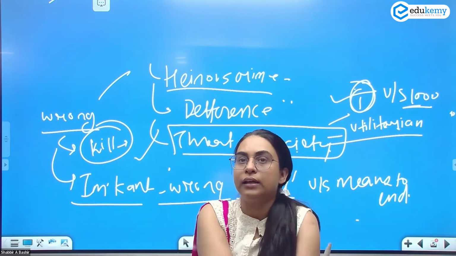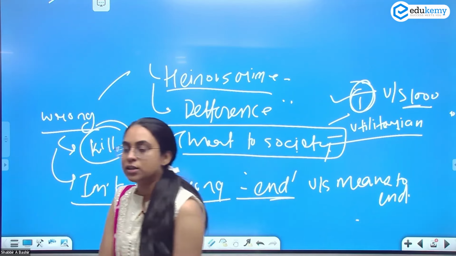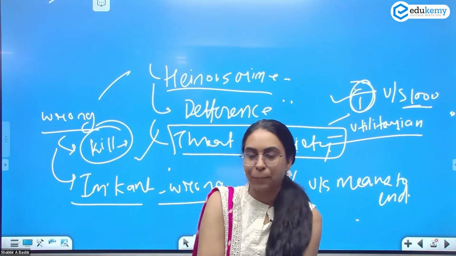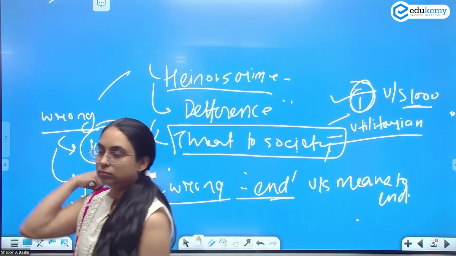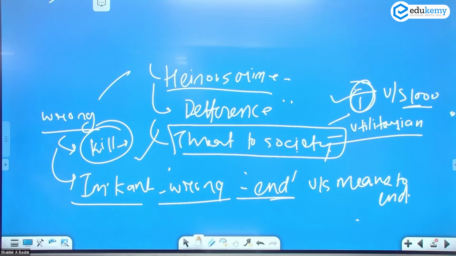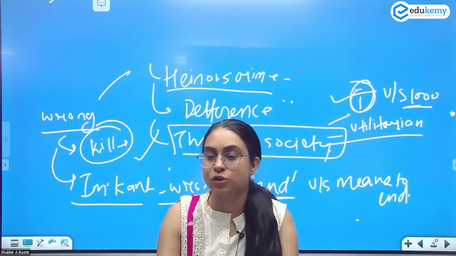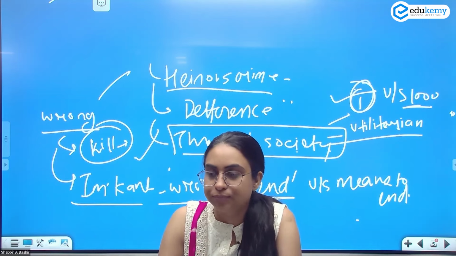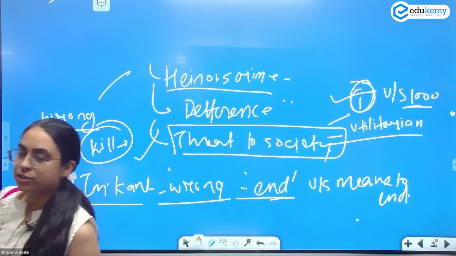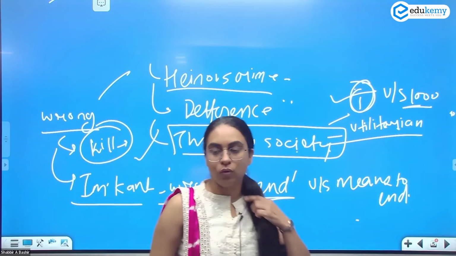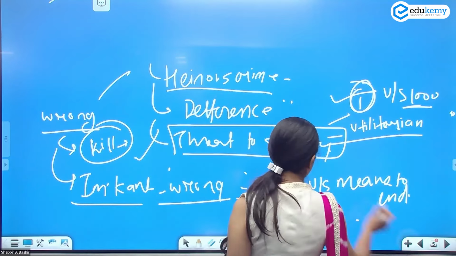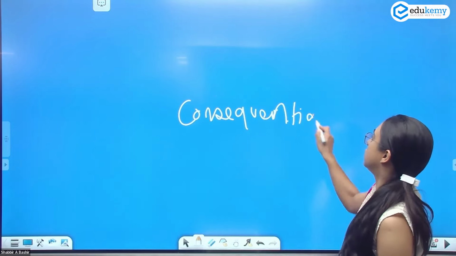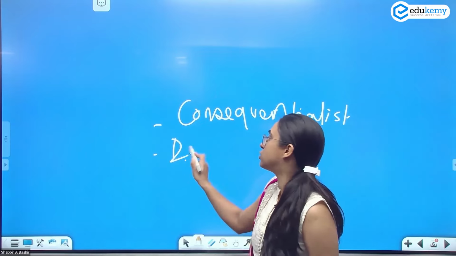Put a full stop and write: the rightness or wrongness is determined by various schools, like the consequentialist school and deontology.